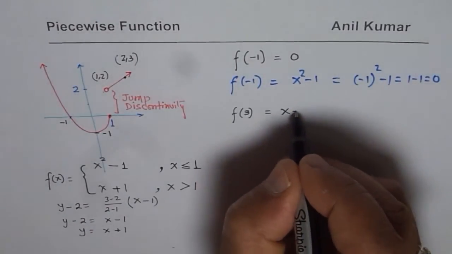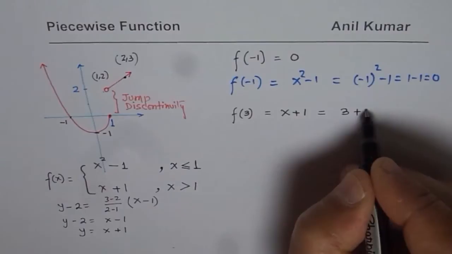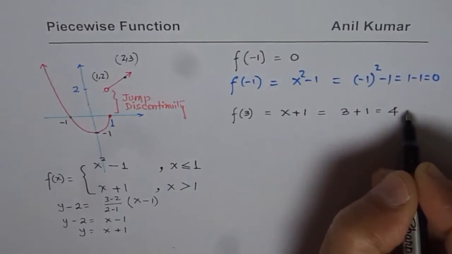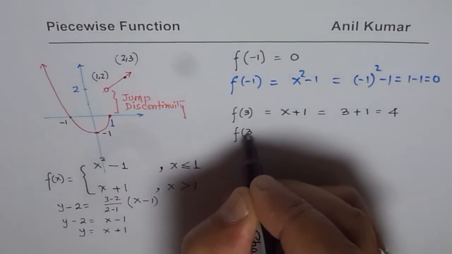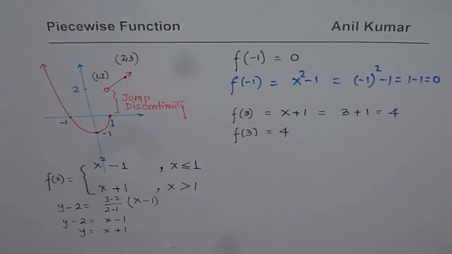So we'll use the equation x plus 1, and in this equation we'll substitute x as 3. So we'll write 3 plus 1, that gives us a value of 4. So we know that f of 3 is equal to 4. You get the idea, right? So that is how you can actually evaluate value the function at any given point in the domain of this piecewise function.